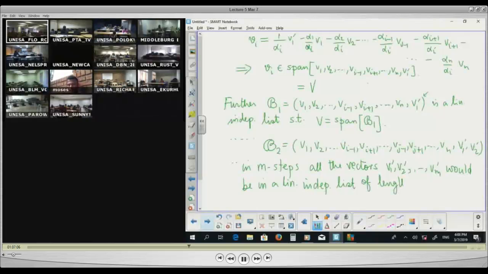So in n steps, I'll introduce all the vectors V1 prime, V2 prime, up to Vm prime, and get hold of a linearly independent list of length n, which spans V. Right? So m must be less than or equal to n.